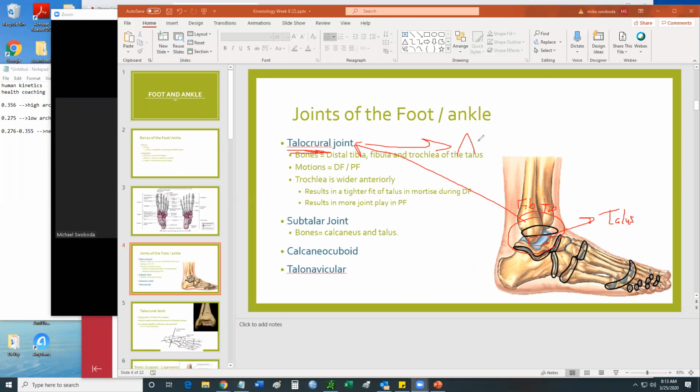So this is the ankle itself. That's why these 3 are important, because that's your actual ankle. When you move your ankle, this is the joint you're moving. So the talar crural joint is what actually gives us our dorsiflexion and plantar flexion.